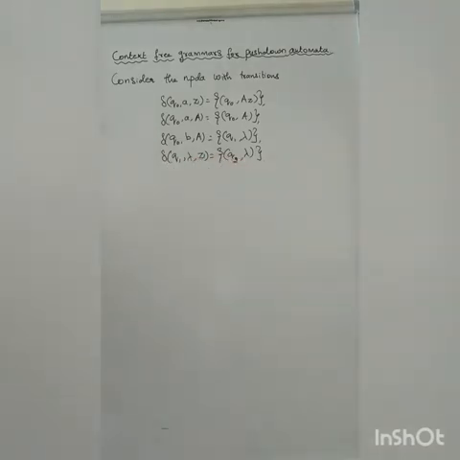So kindly remember the two conditions to be satisfied that we have discussed in the previous video. As we are going to define the grammar, the machine has to satisfy the two conditions.